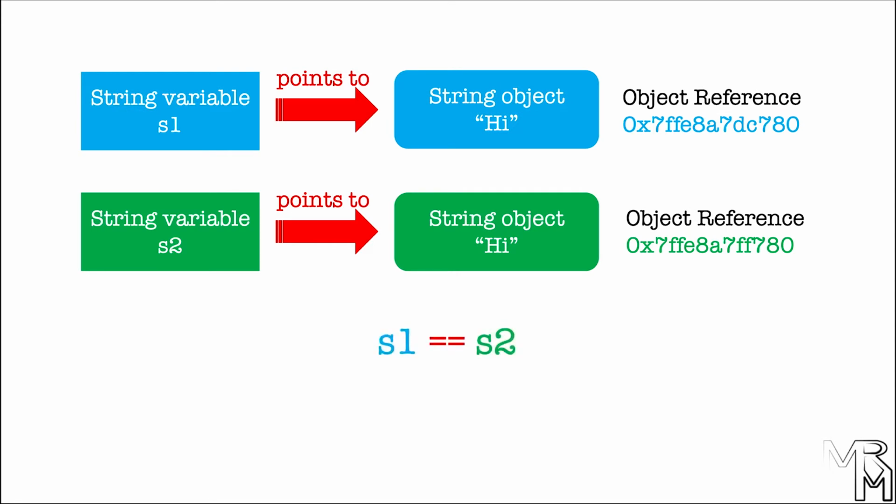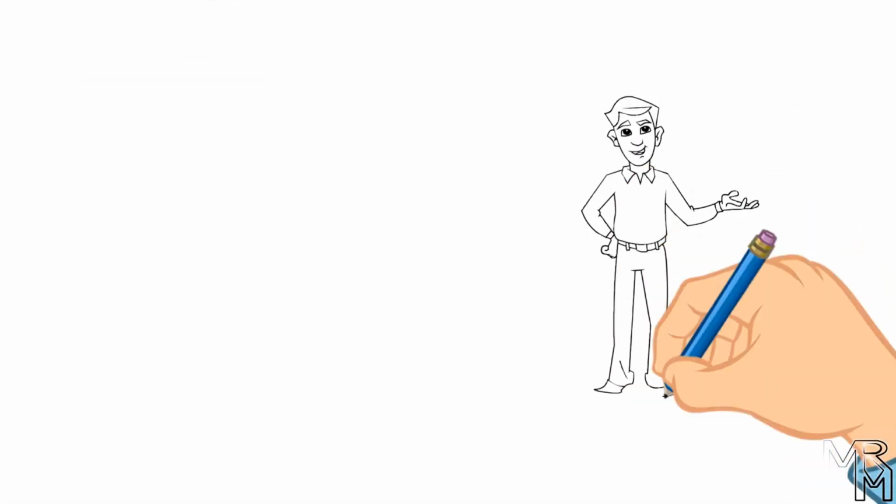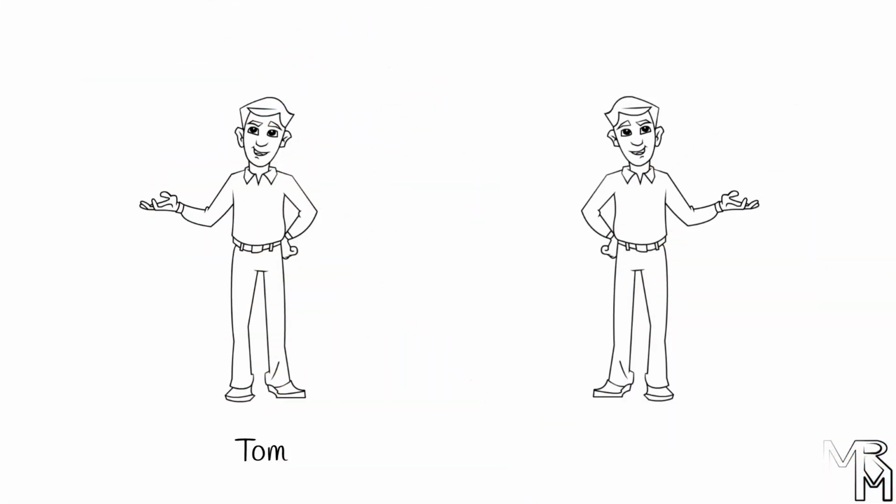And if two reference type variables point to different objects, they are not considered equal when you compare them using the equality operator. Here, string variables s1 and s2 point to two different string objects. So s1 and s2 are not equal even though the contents of the string objects that the variables point to are the same. Just like identical twins, they might look exactly the same, but they are two different people.